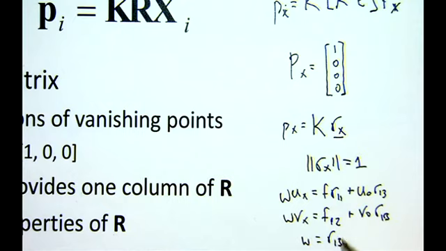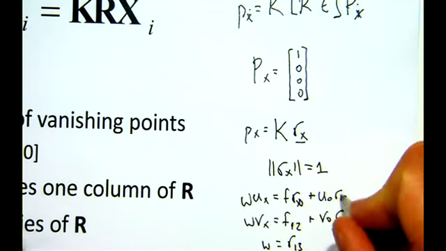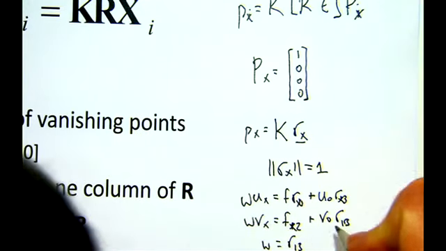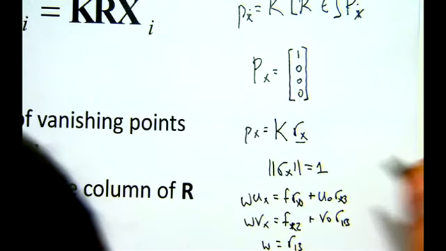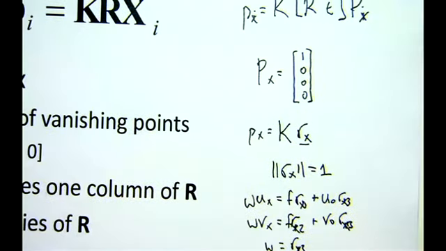I can substitute in there, but I'm still only going to be able to get my R up to a scale. But since I know the length of this Rx vector is 1, let me write it as Rx1, Rx2, Rx3 to clarify; those are all part of the x vector.